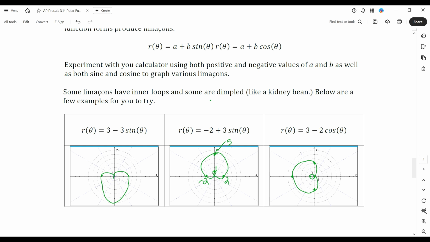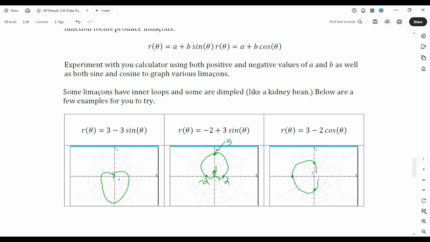That's not right. I'm partially right. There's no inner loop. -2 plus 3 gave me that 1. 3 minus 3 gave me 0. 3 minus 2 is 1.